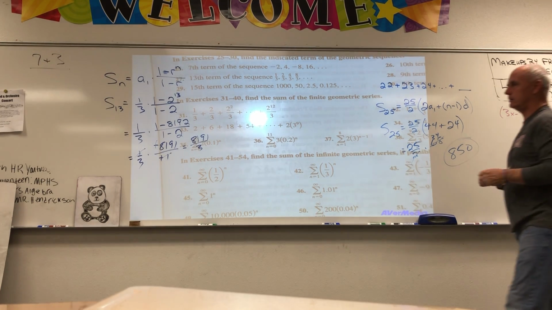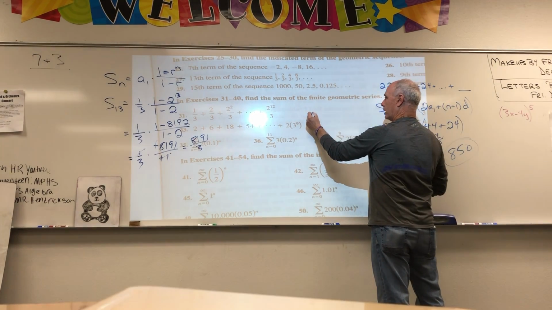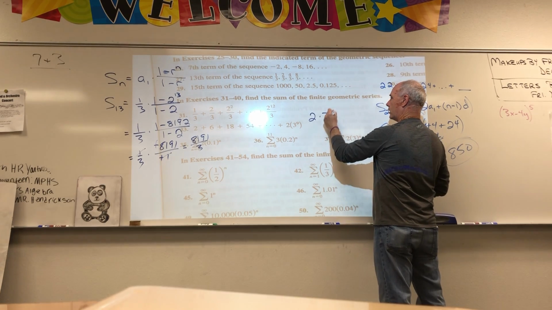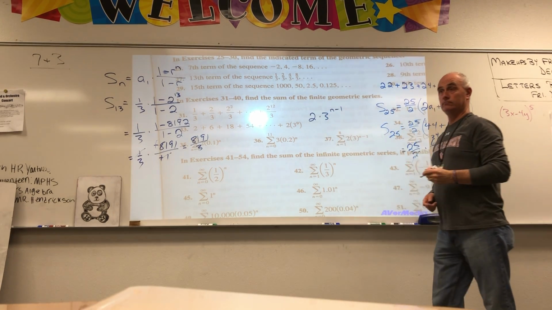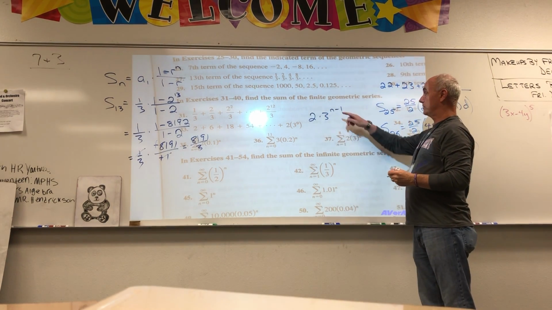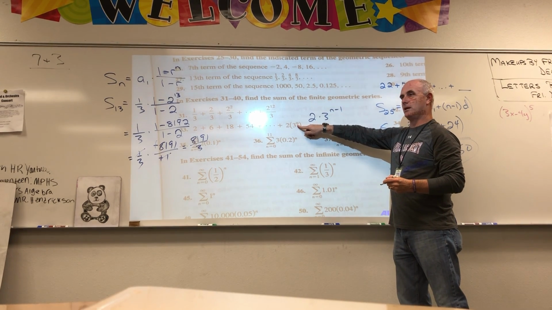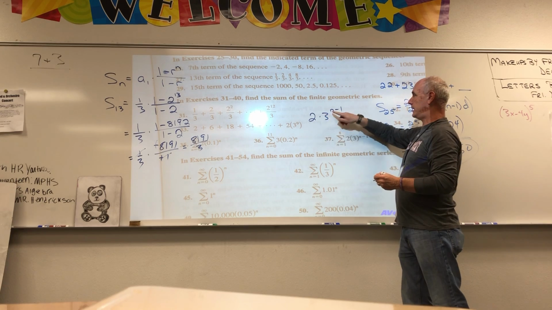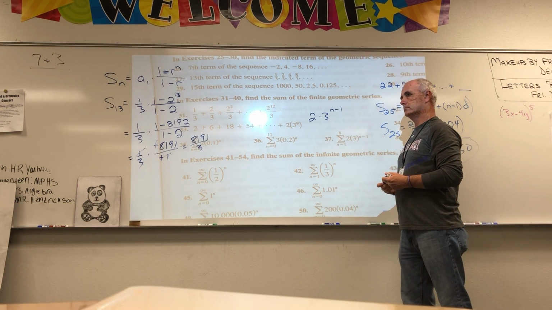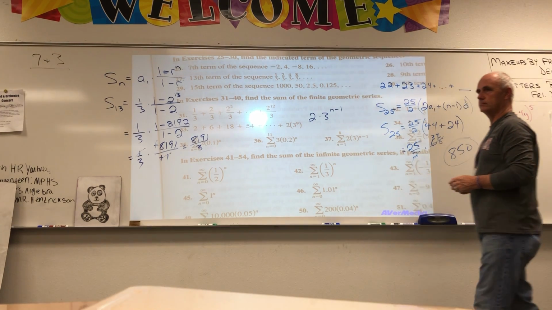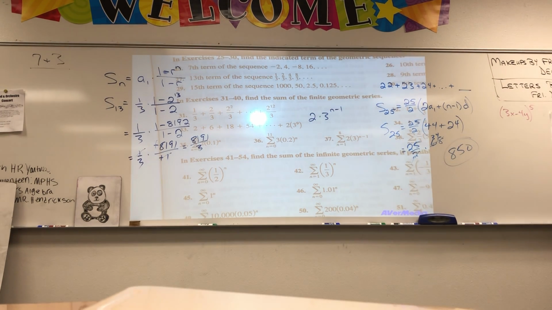Well, it ends up being a sub 1 times r to the n minus 1. Right? So to get a power of 9, n needs to be 10. Oh, okay. Now I understand how we do it. That 2 threw me off because the last time I had a 2, but every other time didn't have a 2.